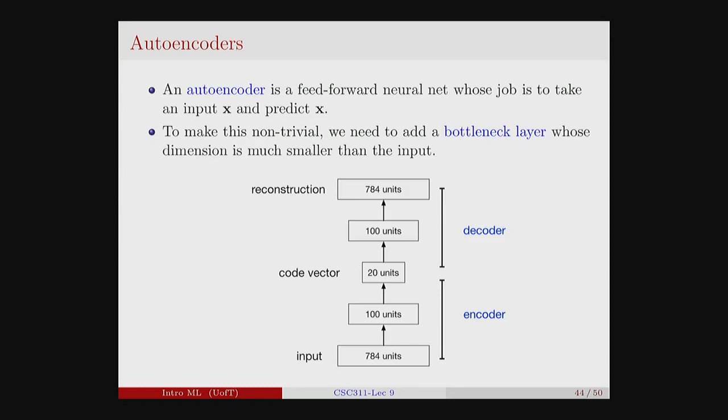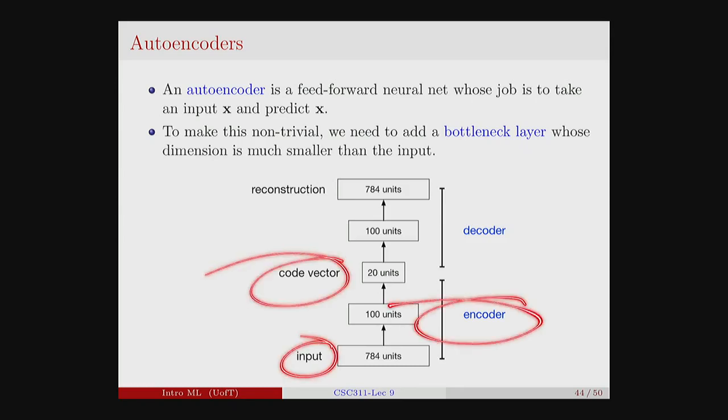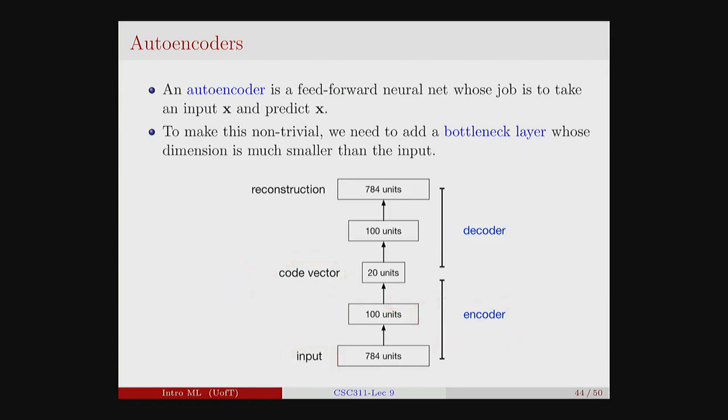This process of going from the input to the code vector is what is called an encoder. Now we're going to decode it, which is to go from the code vector back to its reconstruction.